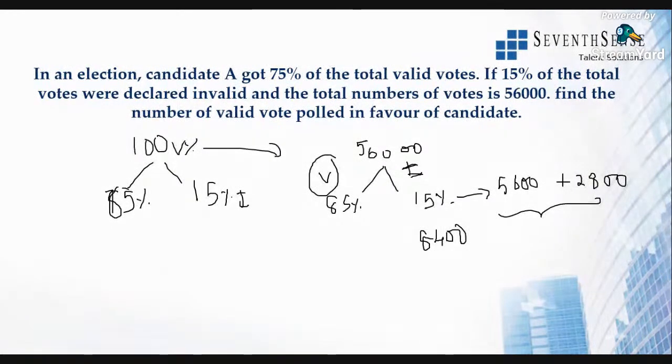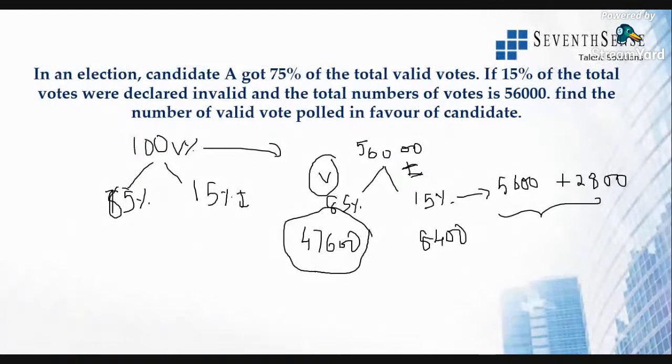So what will be the valid votes? Subtract: 56 minus 0.84, that is 560 minus 84, which is 476. So the total valid votes were 47,600. From these valid votes, a person got 75%.